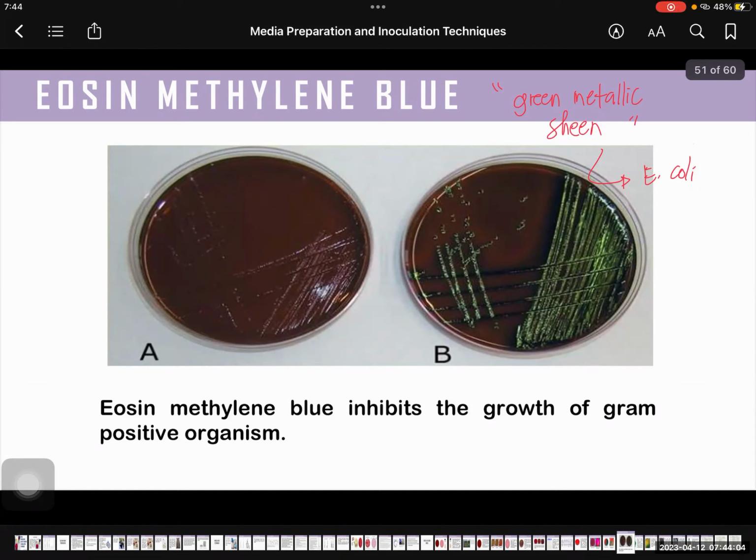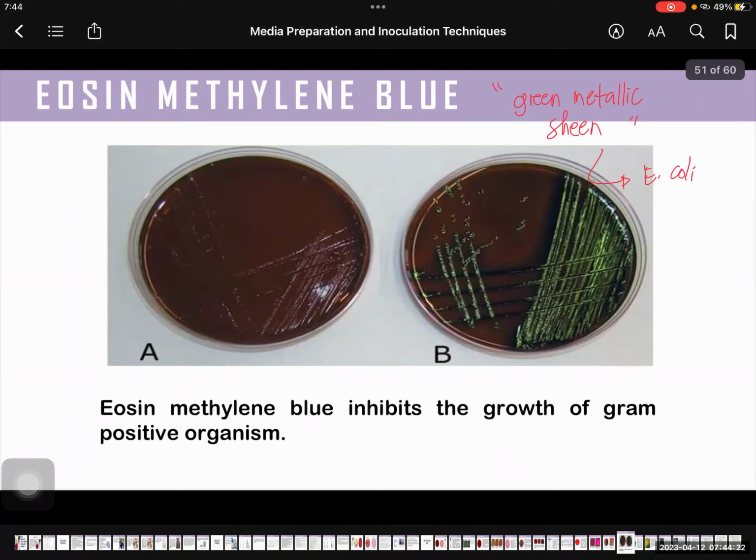Kapag nakabasa na kayo ng green metallic sheen class on EMB, take note, EMB, green metallic sheen, that is very, very characteristic of Escherichia coli. Then, green metallic sheen on EMB, automatic Escherichia coli.